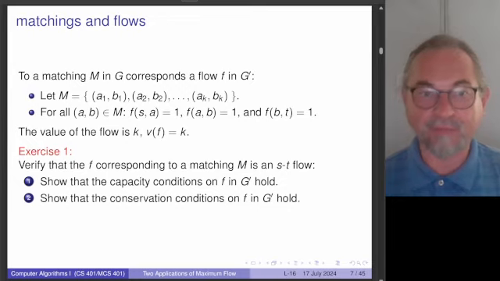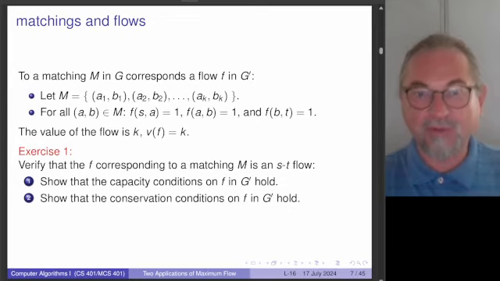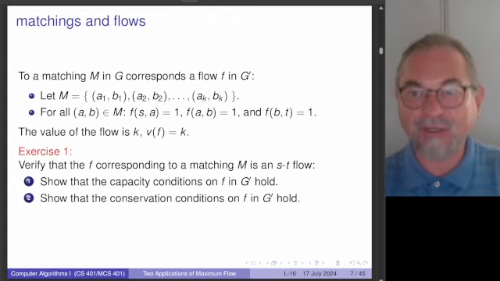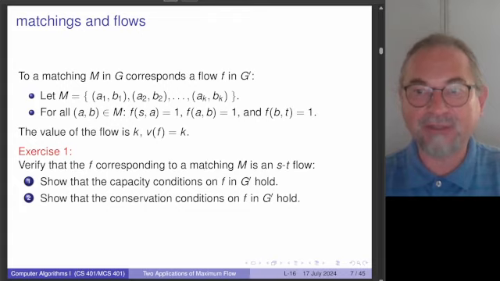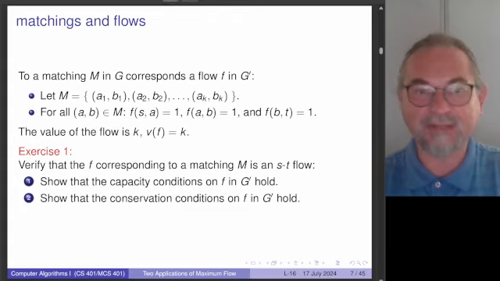And then you also have to show that whatever flow goes in also goes out. And for that, you need to use the property of a matching. If you do have a matching, then you assign every vertex in the first set only once to a vertex in the second set.